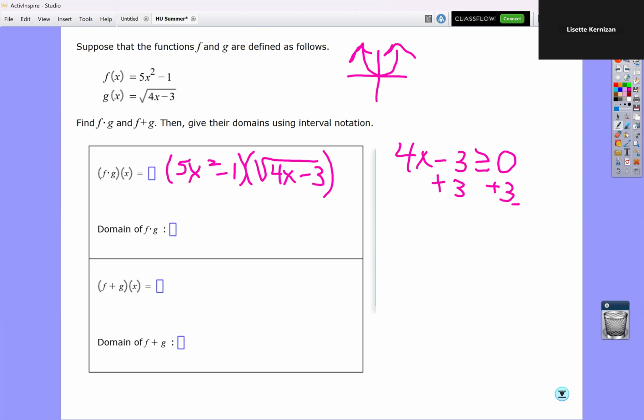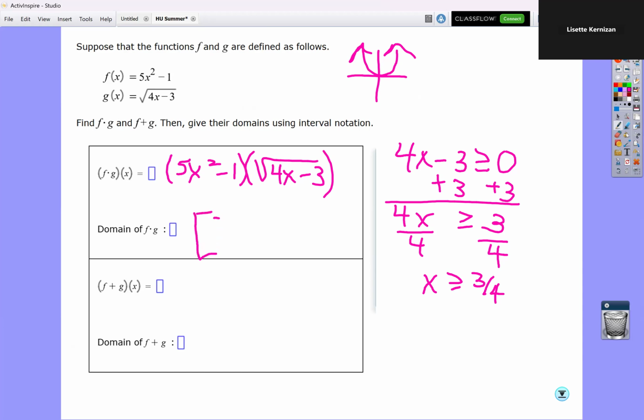I add 3 to both sides, I get 4x is greater than or equal to 3. I divide by 4, and x is greater than or equal to 3/4. So this graph will shift to the right 3/4 units. And because of the restriction here, we're only focusing on the square root. My domain has to be from 3/4 to positive infinity.